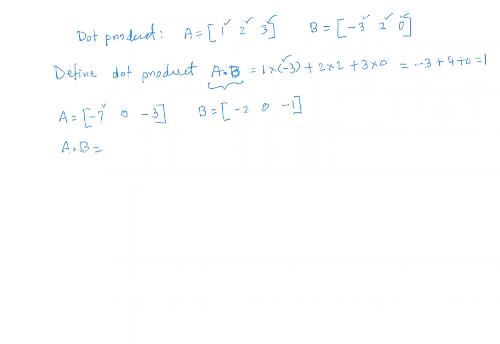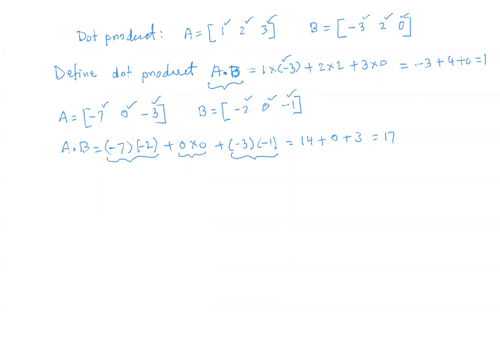So -7 times -2 plus 0 times 0 plus -3 times -1. So what do I get? -7 times -2 is +14 plus 0 times 0 is 0 plus -3 times -1 is 3, which is going to be 17. Okay, so that's the dot product. So please do make sure that you understand it.